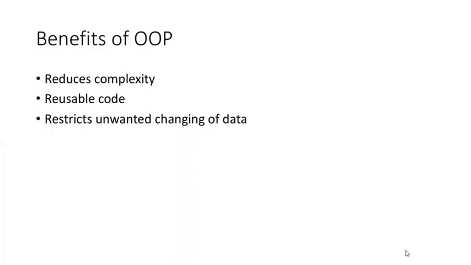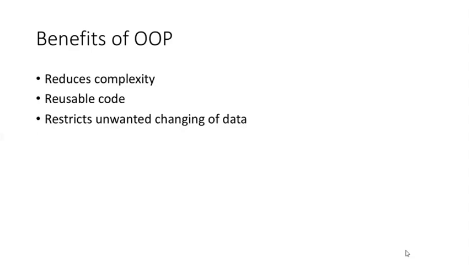And sometimes, even if you do not want it, the data may be changed unintentionally by the individual functions. In object-oriented programming, because the data and the functions that work on the data are put together as one unit, the unwanted changing is greatly reduced.